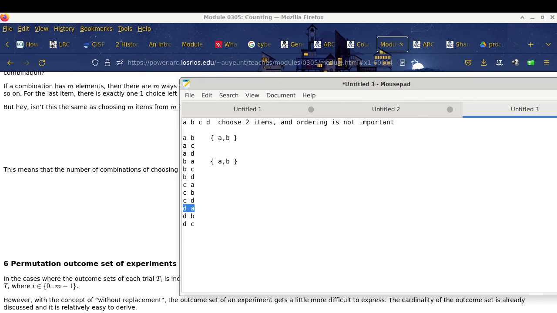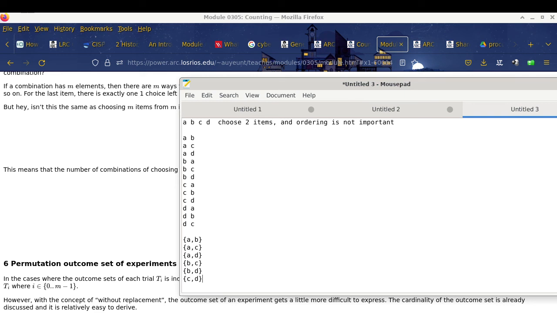As a summary, if you look at the number of combinations and not permutations, then we only have AB, AC, AD, and then BC, BD, and CD, and that's it.